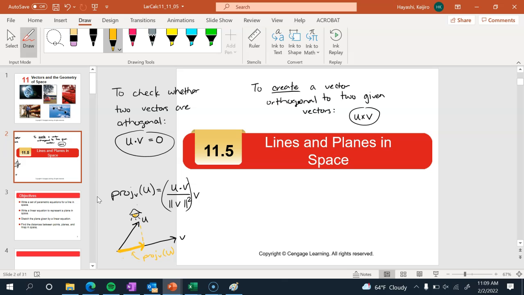It can go from 0, when they're orthogonal, to 1 when they're exactly the same vector.